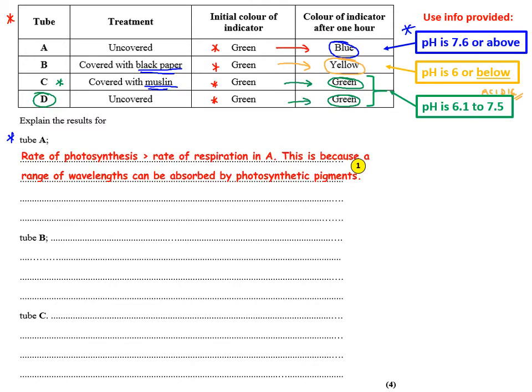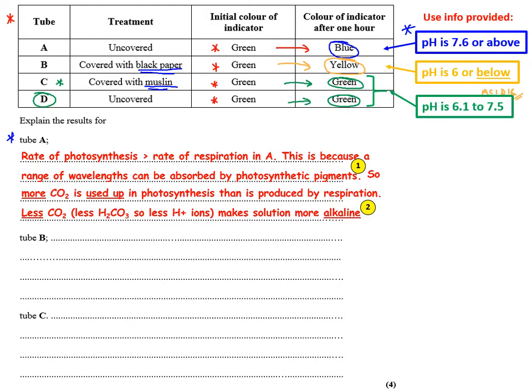We know the rate of photosynthesis is going to be greater than the rate of respiration in this aquatic plant under the conditions of tube A. This is because a range of different wavelengths of light from the visible spectrum can be absorbed by the different pigments, the accessory pigments, and also the primary photosynthetic pigment, which is chlorophyll A.